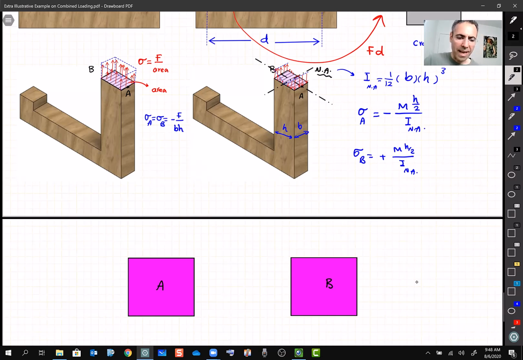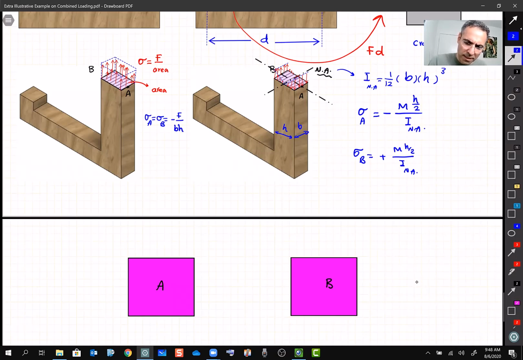So the stress at point A then is going to be, all right. So the stress at point A, let me go back there. Okay. Sorry, let's just start with point A. Point A, we found that we have stresses, two stresses.